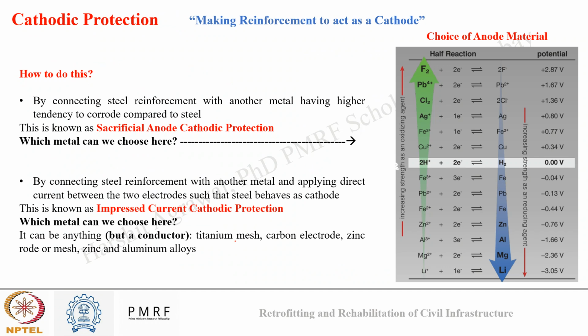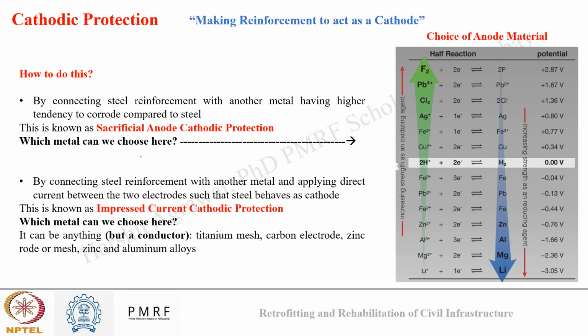So the basic of cathodic protection is making reinforcement act as a cathode. Why? Because corrosion is an oxidation process and it occurs at the anode, so if we can make the steel, the reinforcement, act as a cathode, the corrosion won't occur. How can we do this? Either by connecting the steel reinforcement with another metal which has higher tendency to corrode compared to steel.